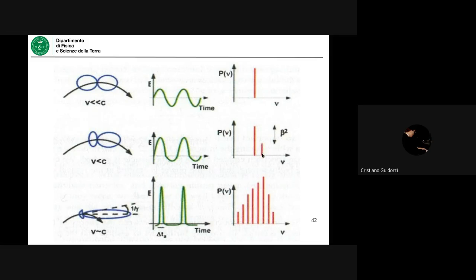Here you have the second harmonic. In the extreme case, when it becomes relativistic, you see that you have this strong pulse of the electric field lasting just how long? Well, delta t_A, the arrival time interval that we just calculated.